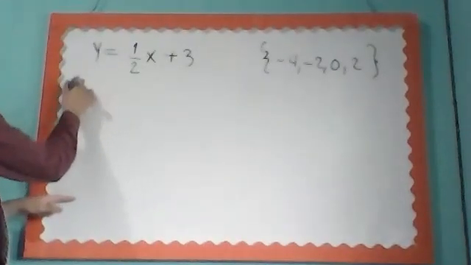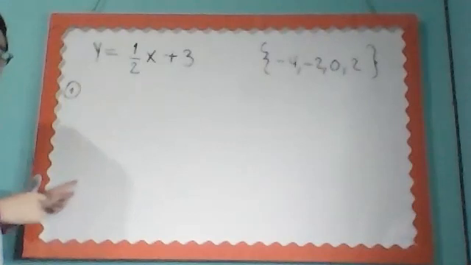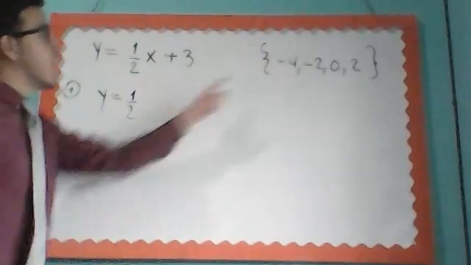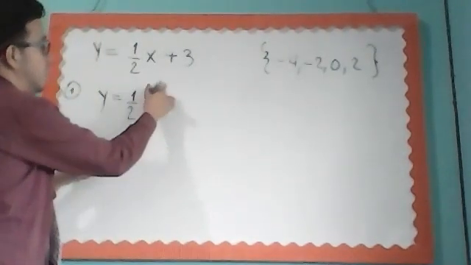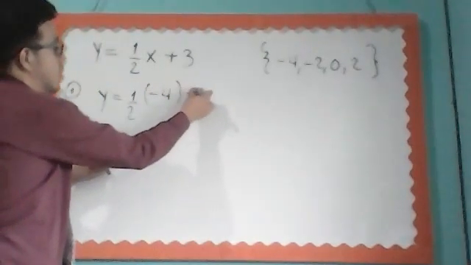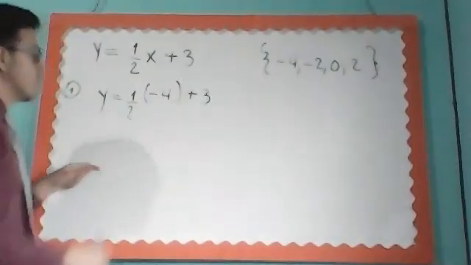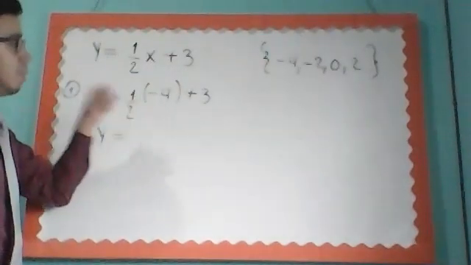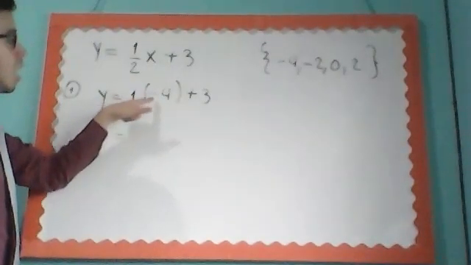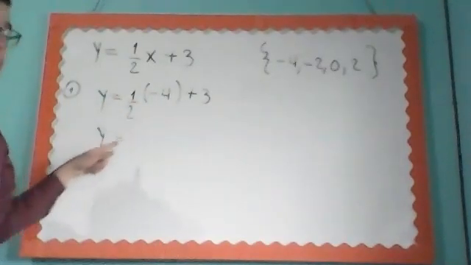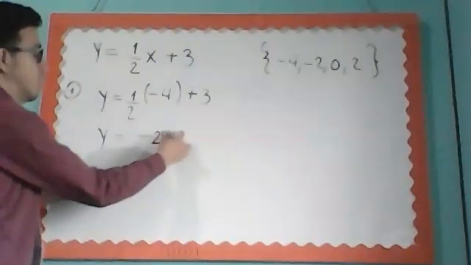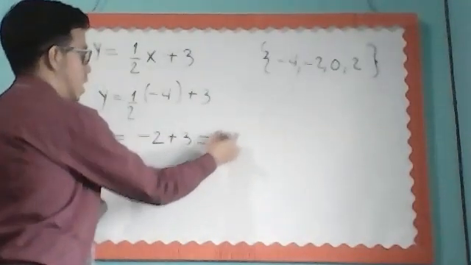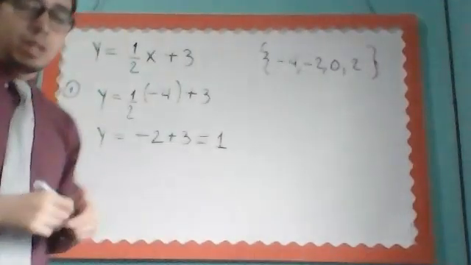So for the number 1, I'm going to write it like this. y equals 1/2 x. x is -4. 1/2 multiplied by -4 plus 3. So you have that y is equal to 1/2 of -4, which is -4 divided by 2, I have -2 plus 3. So in this case, y is equal to 1, right?